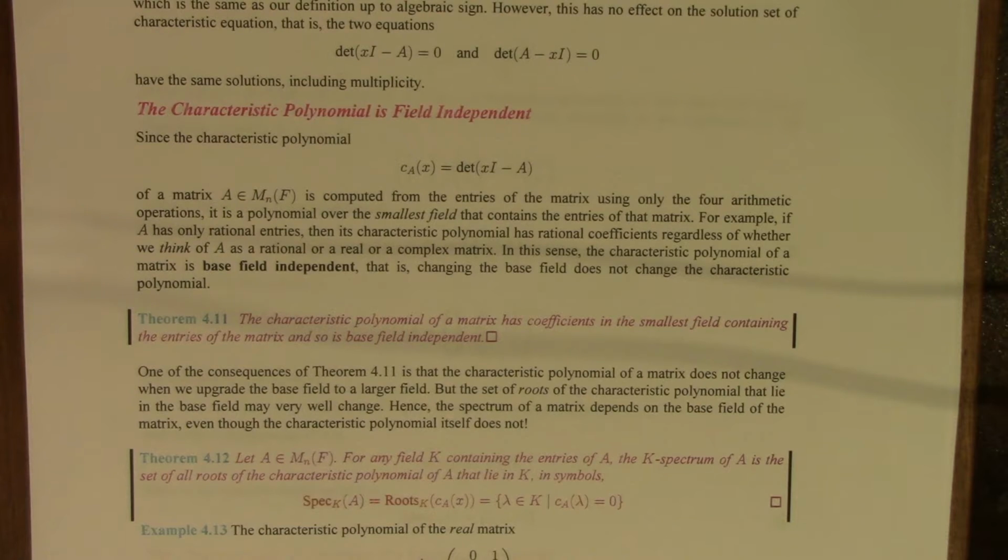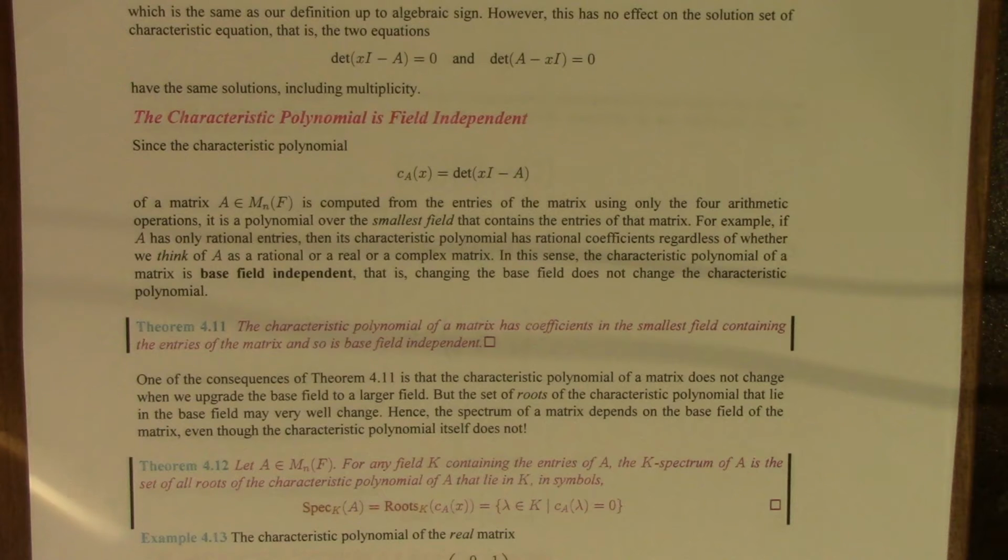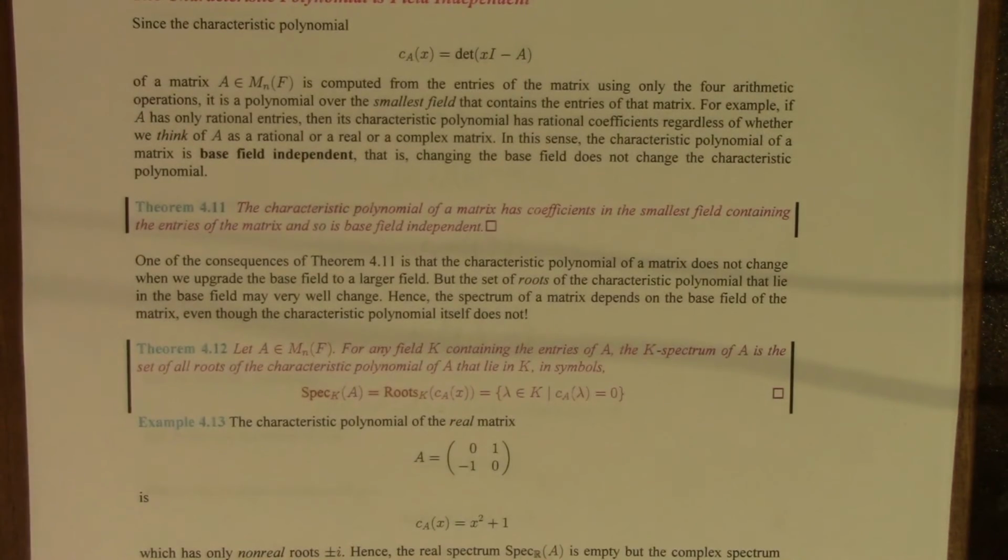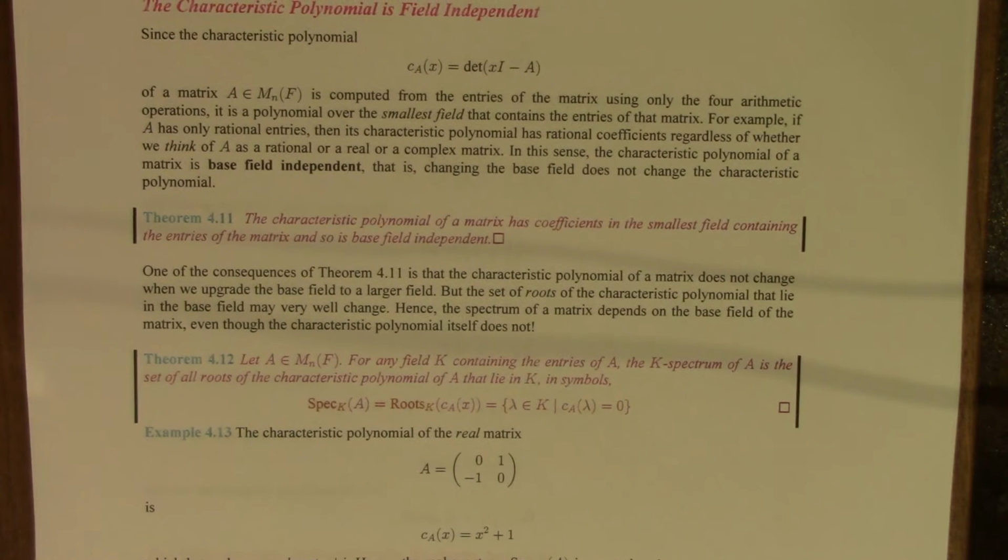So regardless of how we think of the matrix A, whether as a real matrix or a complex matrix, its characteristic polynomial still has entries over the rational field only. So I'm going to refer to this as base field independence. It doesn't matter what you decide to use as the base field of a matrix.